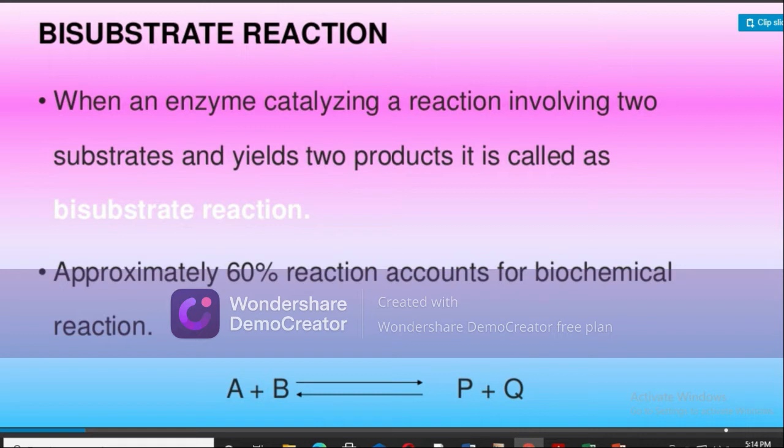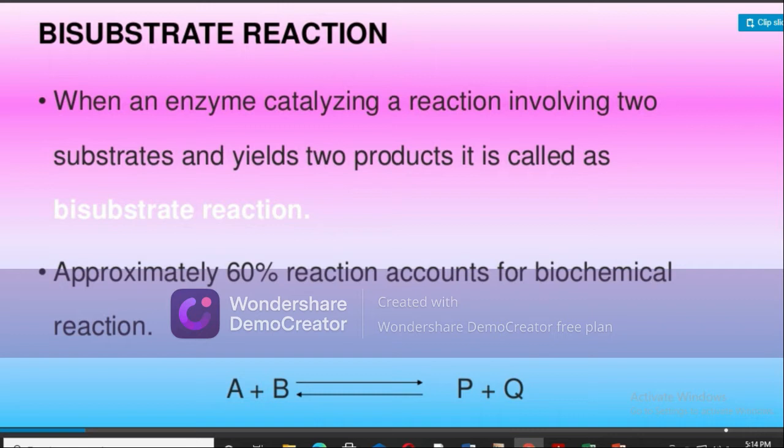If you take glucose to produce glucose 6-phosphate, you are using two substrates and producing two products, because in the reaction you are using glucose plus ATP to produce glucose 6-phosphate plus ADP in the presence of an enzyme called hexokinase, or specifically glucokinase. So that is a typical example of a bi-substrate reaction.